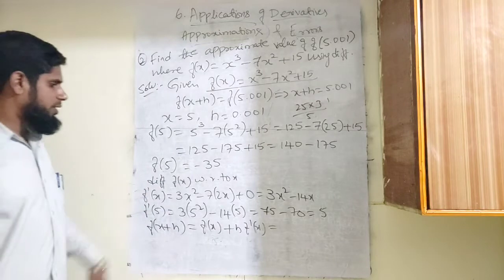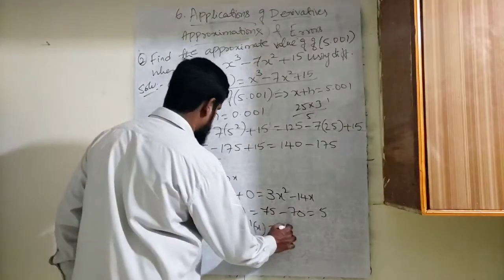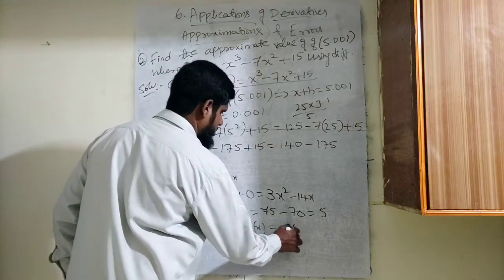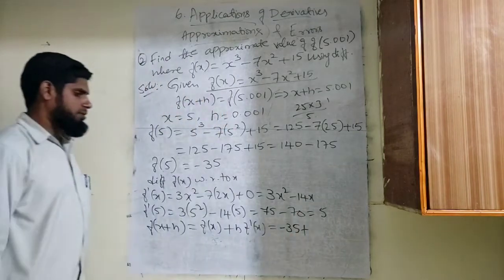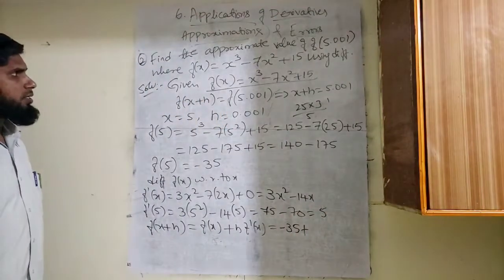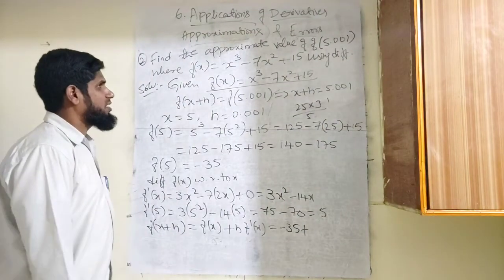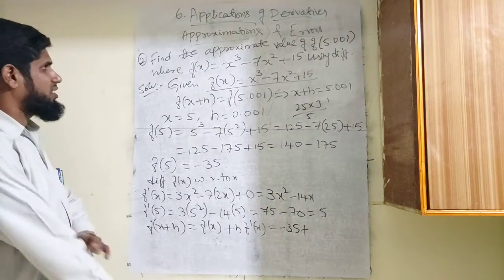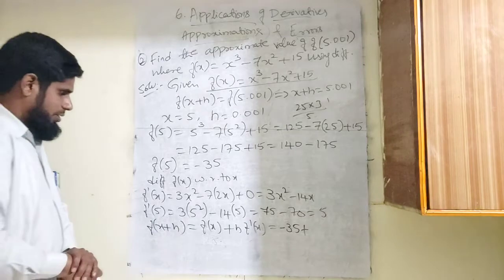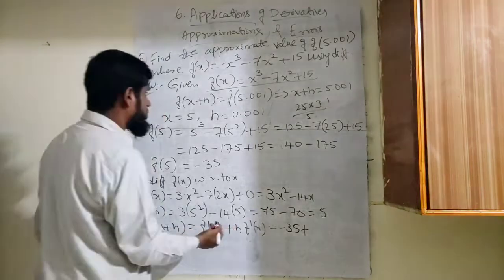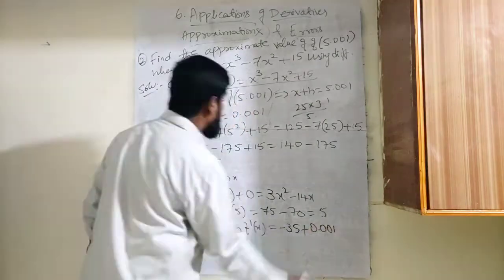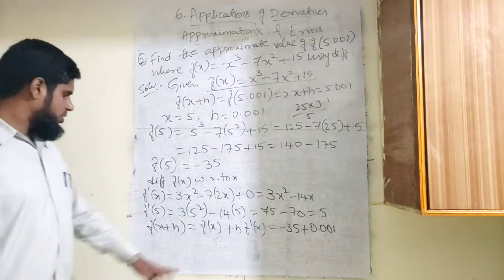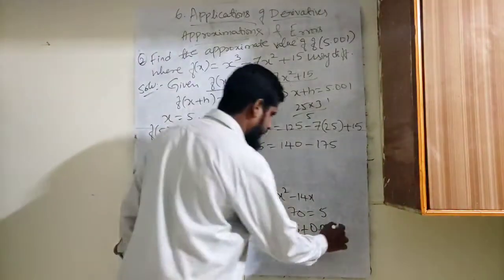It is minus 35 plus, the h is exactly here 0.001 and f dash of 5 is 5.